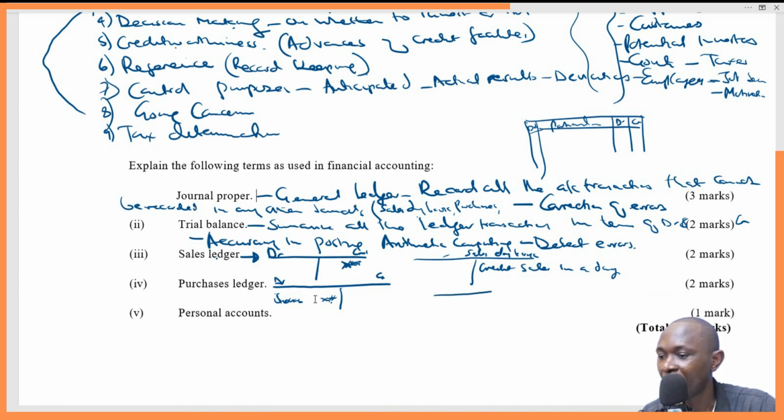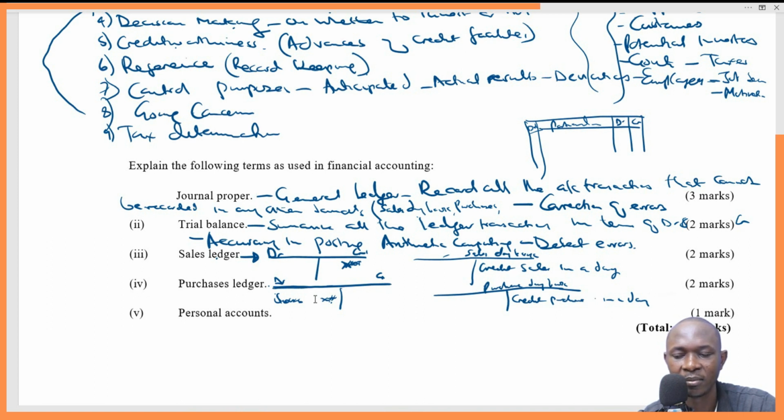But we also have a purchase day book. Don't confuse the two. Purchase day book. This is a book that records all the credit purchases in a day. Now this question is asking for purchases ledger. So this is what we are talking about.